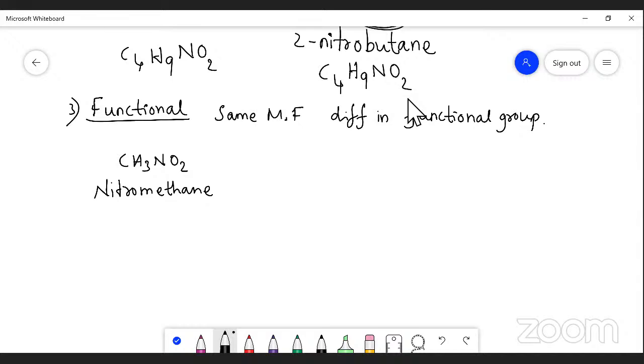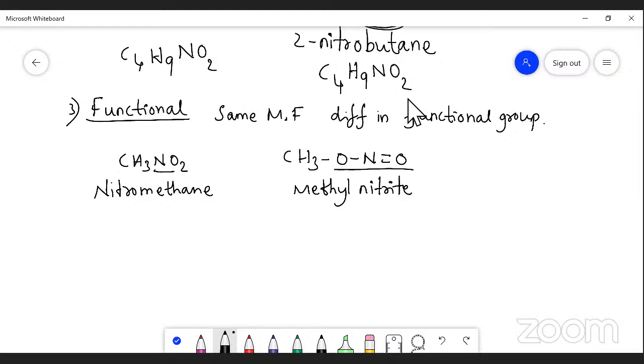This compound exhibits functional isomerism with the compound CH3ON=O. The compound name is methyl nitrite. Here also the same molecular formula, but here the functional group is nitro, and here the functional group is nitrite.